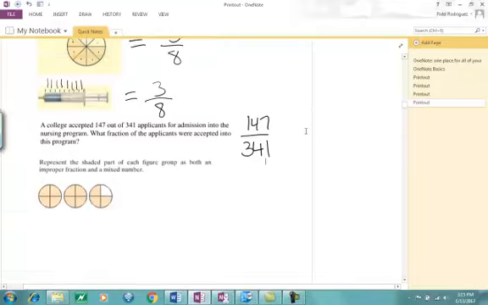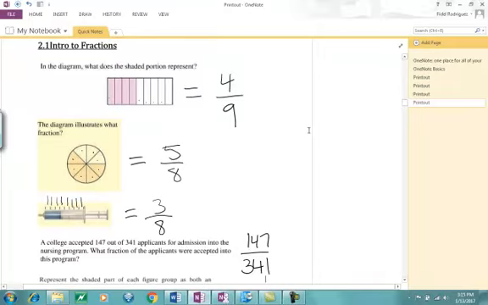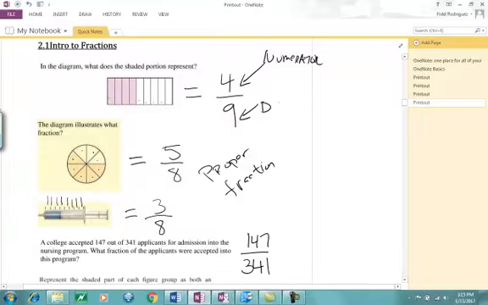Now, what I want to point out about these 4 fractions is that these are what we call proper fractions. A proper fraction means the number on top, which we call the numerator, is smaller than the number on the bottom, which we call the denominator.